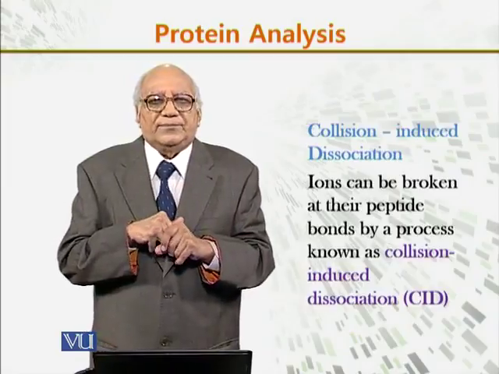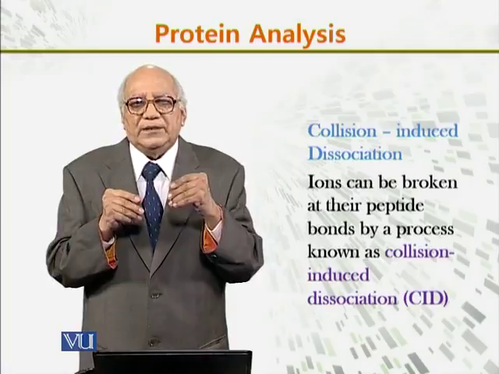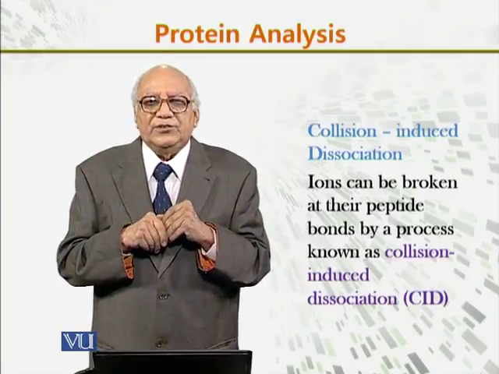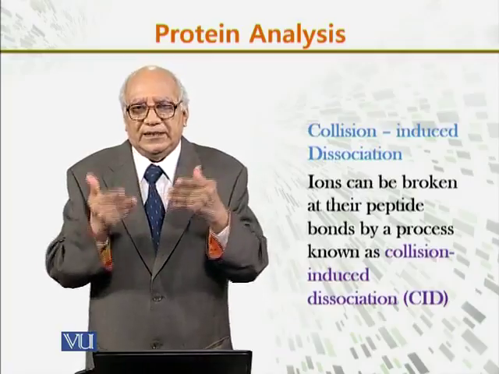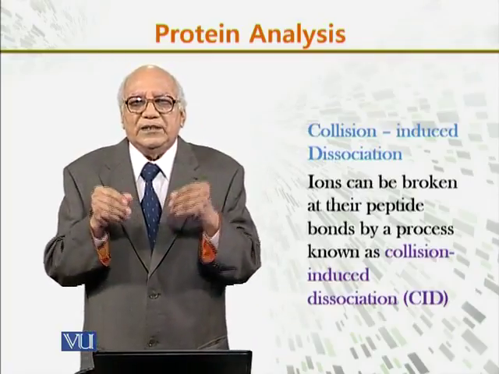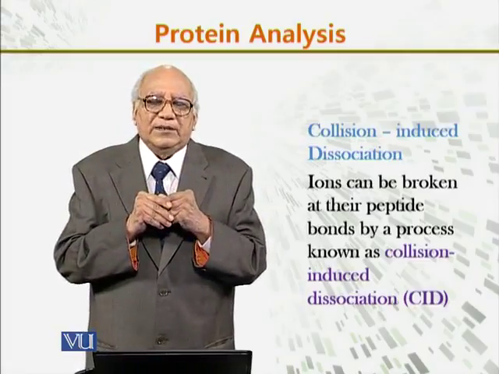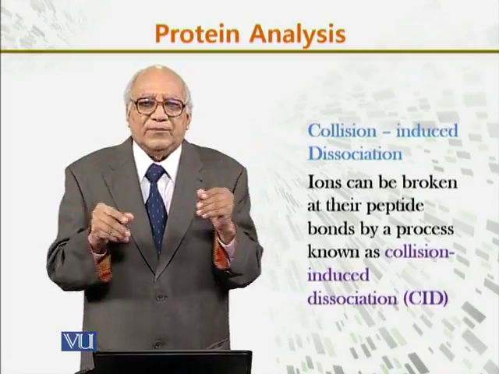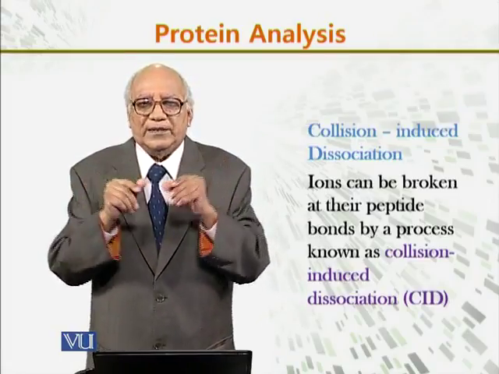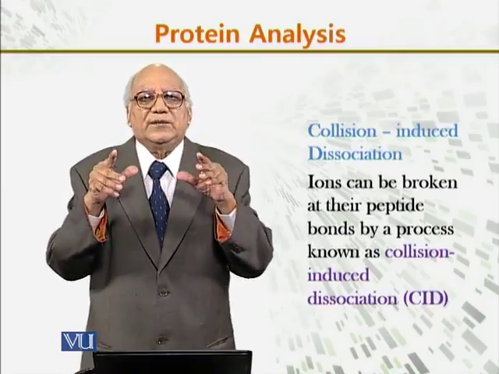Now, another method which is used is collision-induced dissociation, abbreviated as CID. It is not the CID of the police, but collision-induced dissociation. So what happens in this? The ions can be broken at their peptide bonds by a process known as collision-induced dissociation.